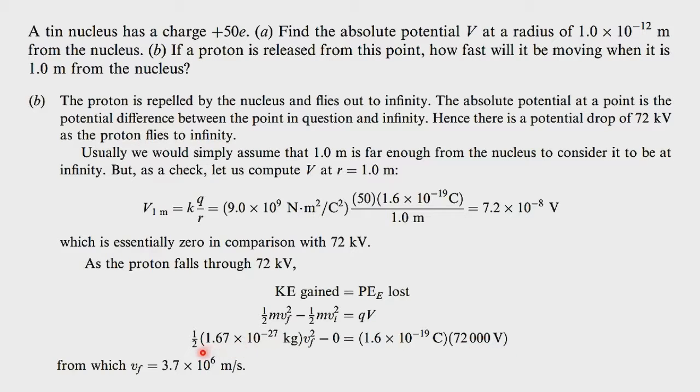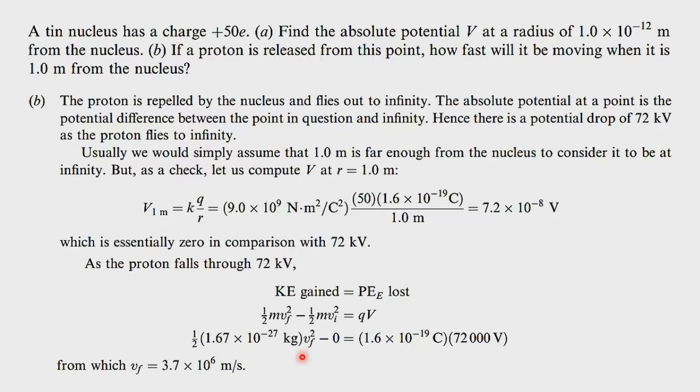That will be equal to 1/2 mass, where 1.67 times 10 to the minus 27 kilogram is the standard mass of a proton, multiplied by the square of its velocity.